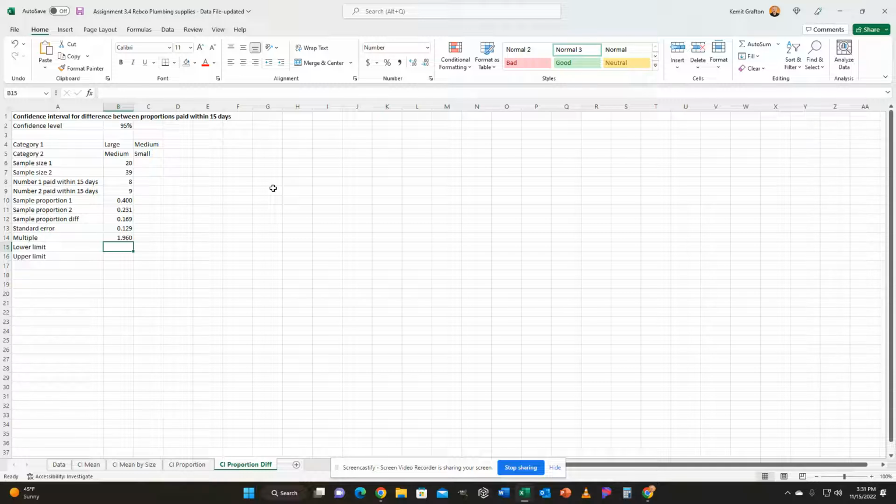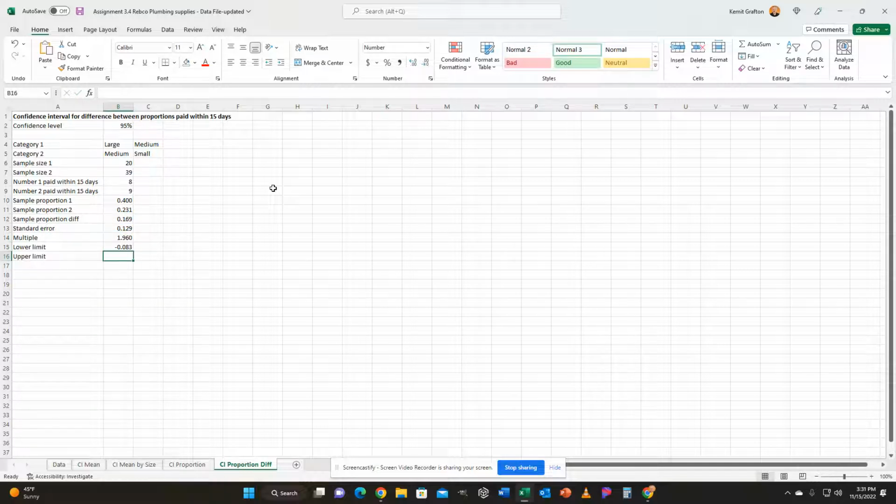And now upper and lower limit. So the lower limit is going to be B12 subtract B14 times B13. Okay.